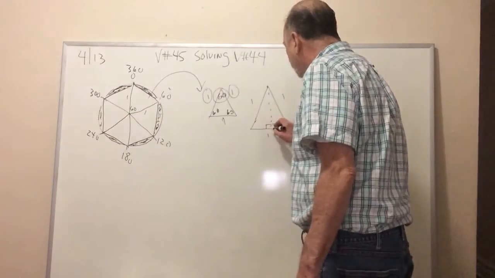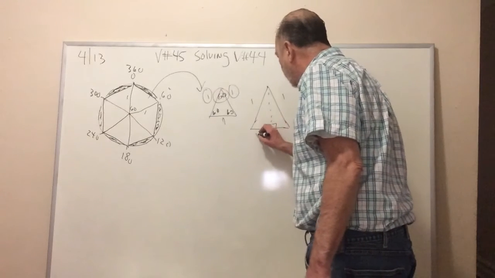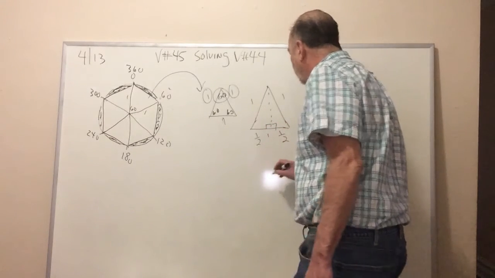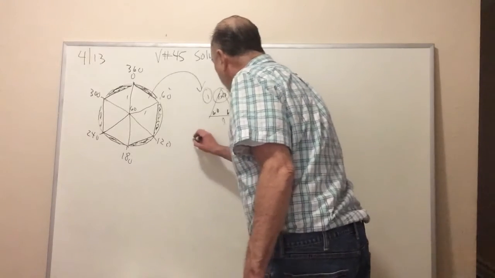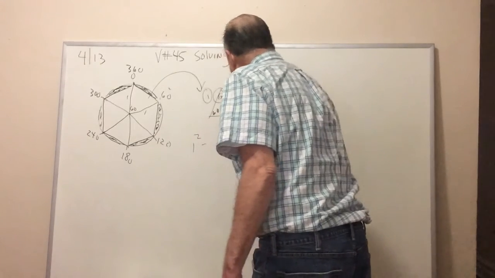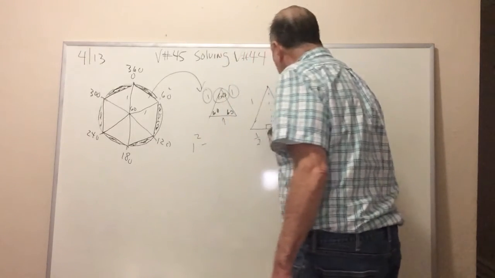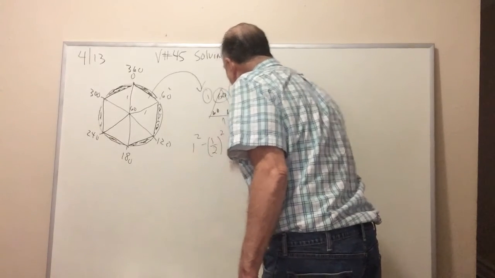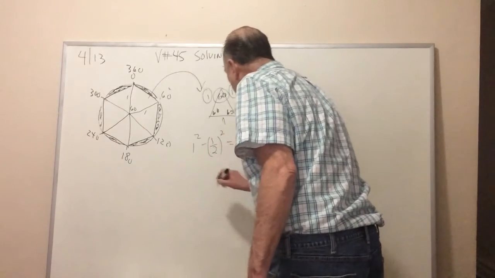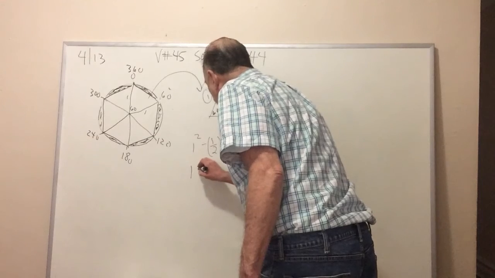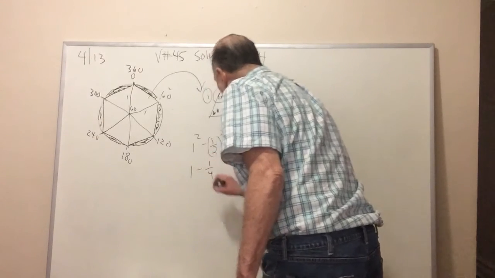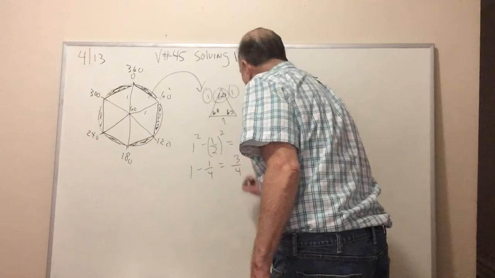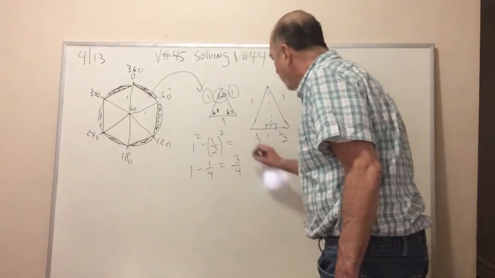A perpendicular bisector, like the word bisect means, cuts this into 1/2, 1/2, and now I have it. The hypotenuse is 1 squared minus the side over there, or the leg if you like, that's 1/2 squared. Let's do the math here. 1 squared is 1. 1/2 squared is 1/4. So then it's 3/4.